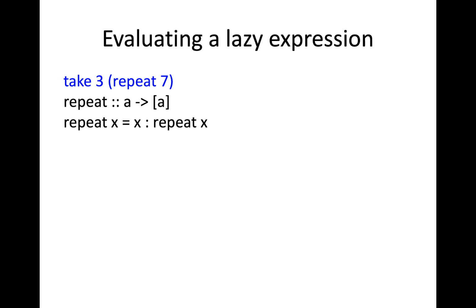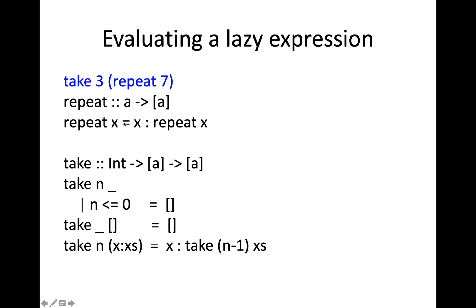The repeat function takes one parameter x and repeats that parameter again and again, and that gives us a virtual infinite list. So the type of repeat is: one item a is the input and a list is the output.